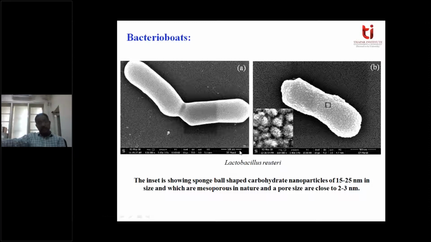The total length of the control bacteria, when nanoparticles are not loaded, is around 1 micrometer. But when you load these nanoparticles on the bacteria, the length has increased to almost 2 to 3 micrometer, which shows that the bacteria are not dividing, just elongating. They are metabolically active, they are live, but they are not able to divide.